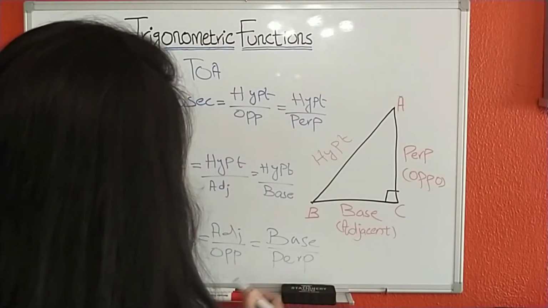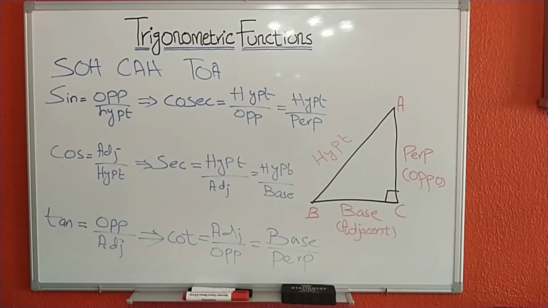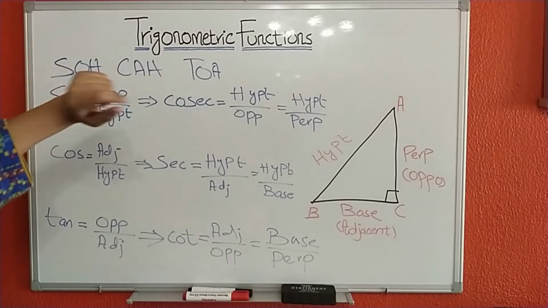So these are the six basic trigonometric functions and also their formulas, and I have also taught you a very easy way to learn these formulas as SOH CAH TOA.